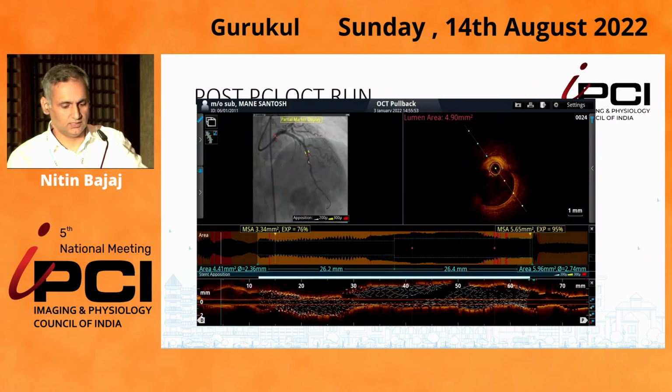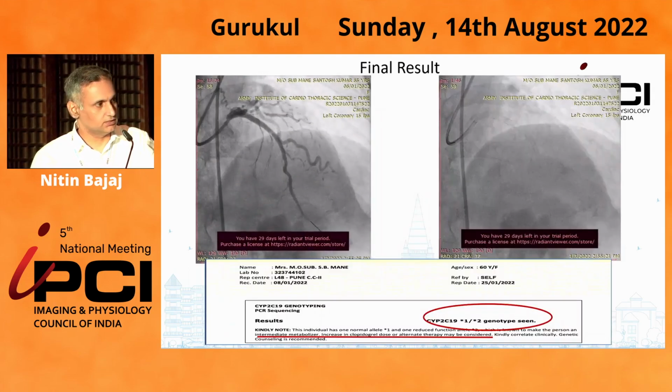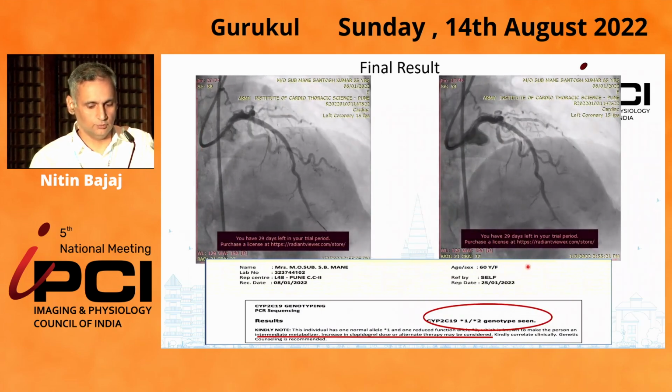So post-OCT run showed a well apposed stent, and expansion was 76%, which was further dilated, and subsequently the patient had good TIMI-3 flow.